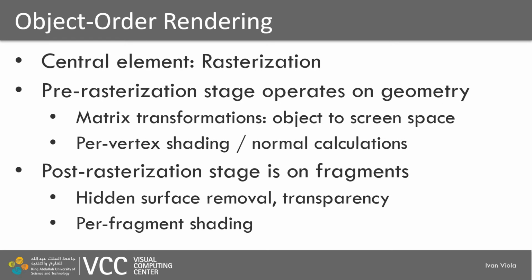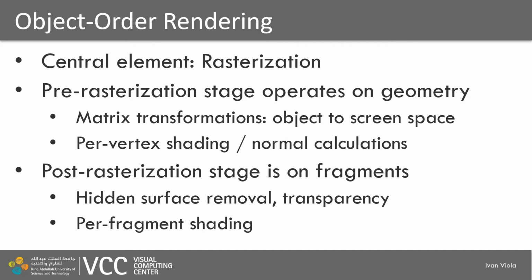Object order rendering follows a different strategy than image order rendering, where we would start from a certain notion of an eye and shoot rays into the scene and see how these rays are intersecting with the scene.